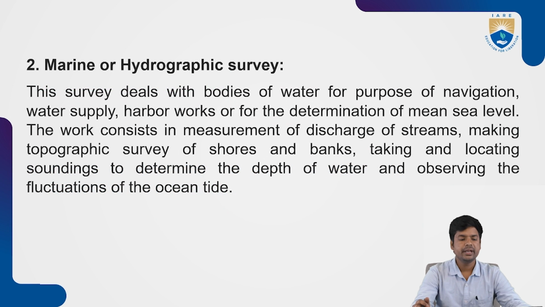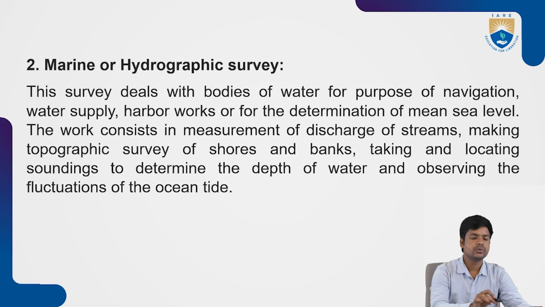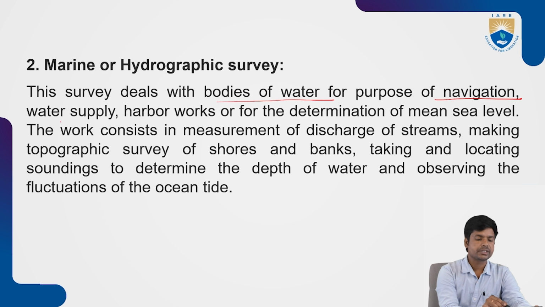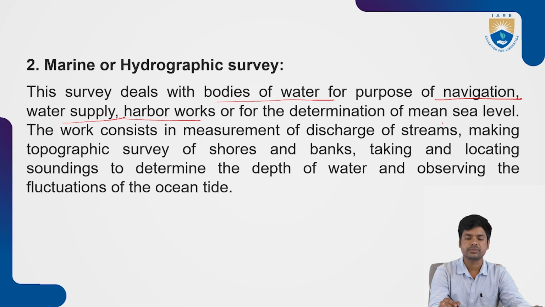And next one, marine and hydrographic survey. This survey deals with the bodies of water for the purpose of navigation. Water bodies will be surveyed using marine and hydrographic surveying, like water supply systems or harbor works, or for the determination of mean sea level.